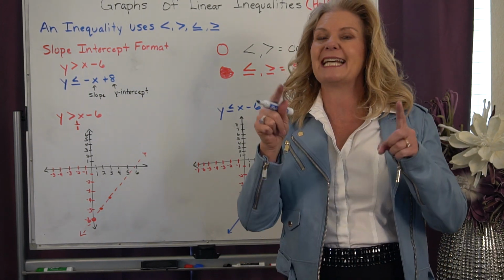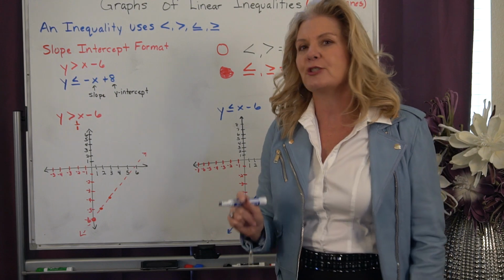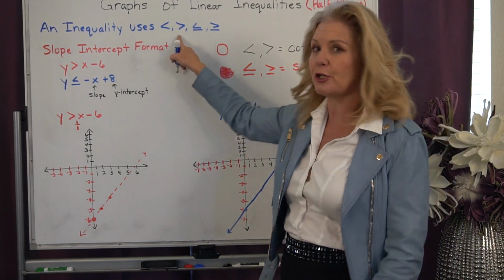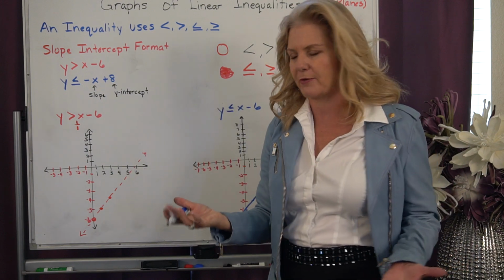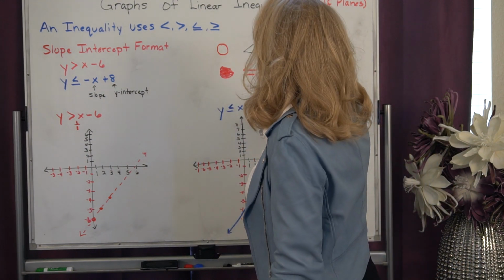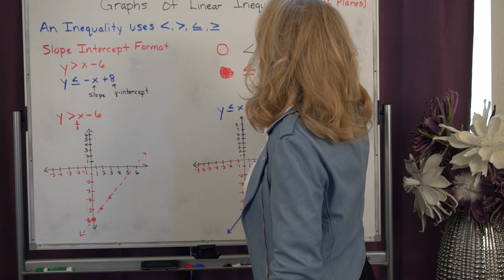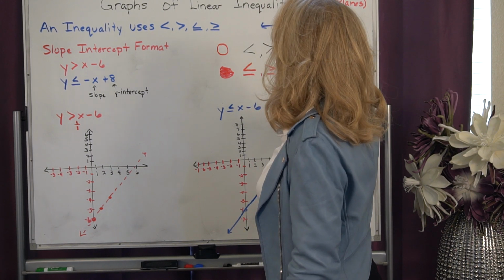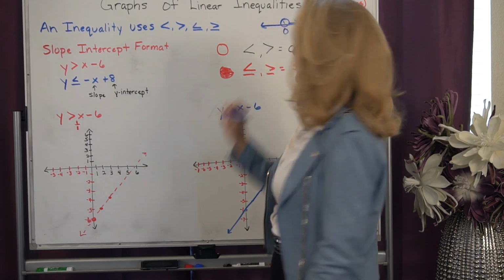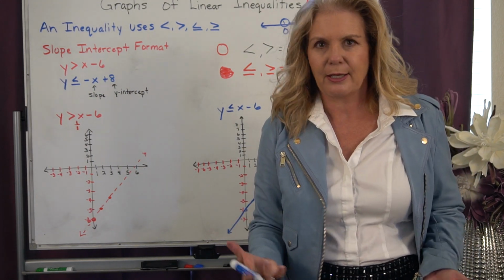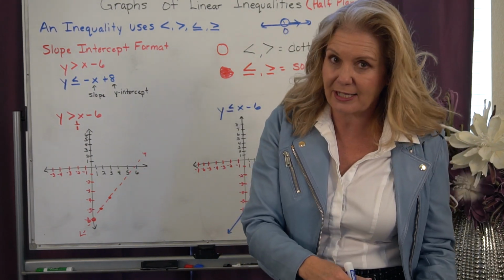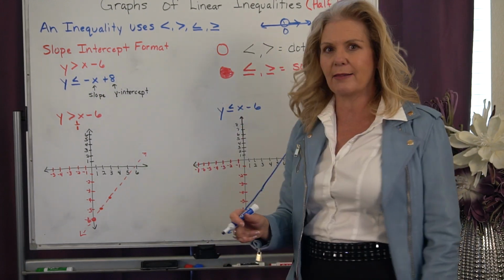Now, we're not done yet, because just like when we did graphing of inequalities, we had an infinite number of solutions, and we always used an open circle and we used arrows to reflect that infinite number of solutions. There's also an infinite number of solutions with inequalities.